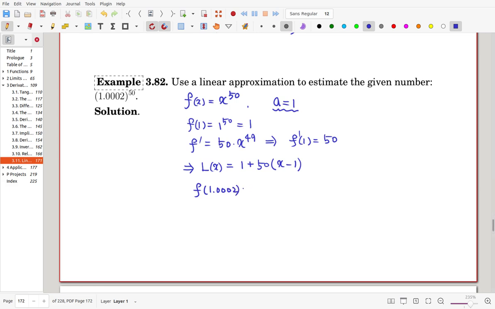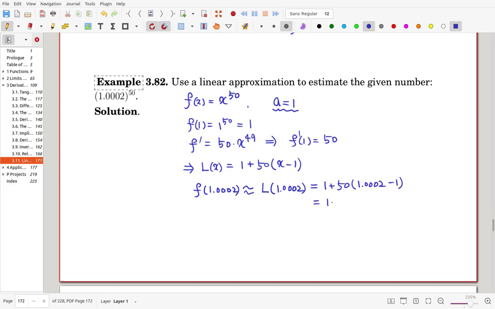So 1.0002 to the 50 can be approximated by L at 1.0002, which is the same as 1 plus 50 times 1.0002 minus 1.